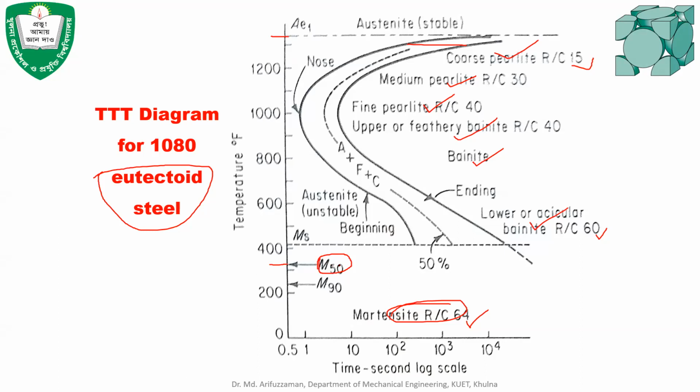Okay, and the rest of it will be transformed into other products. And if you keep it at a temperature of 250, then 90% martensite will be produced. And if you keep it below 200 degrees Fahrenheit temperature, 100% martensite will be produced. And 100% martensite will show you a greatest hardness of 64.